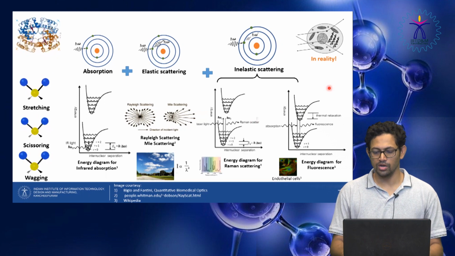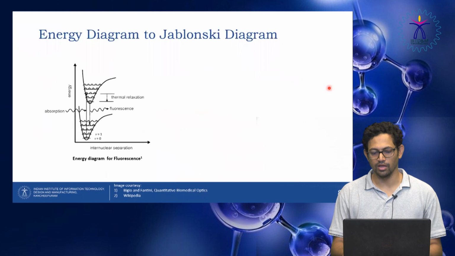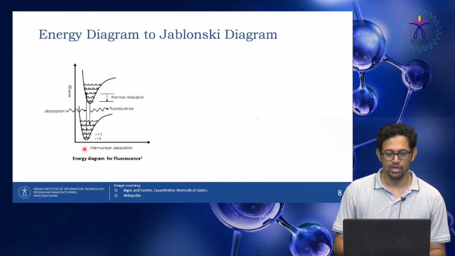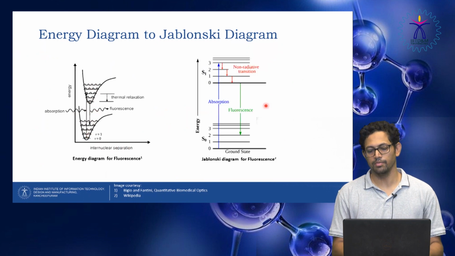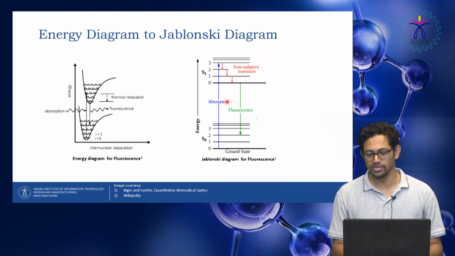Another way to understand the energy diagram is using the Jablonski diagram. In the case of fluorescence, the same diagram that you saw earlier can be drawn in the form of a Jablonski diagram.